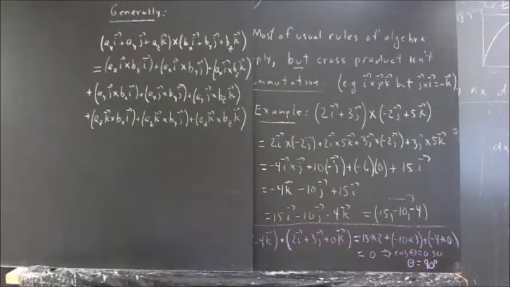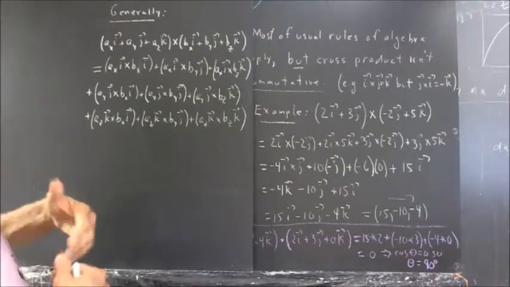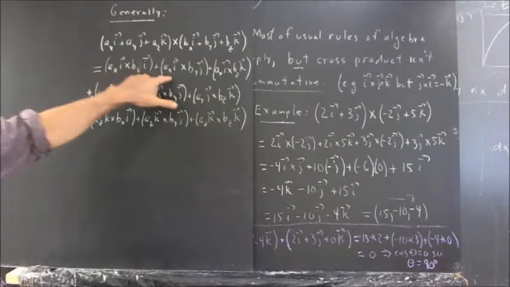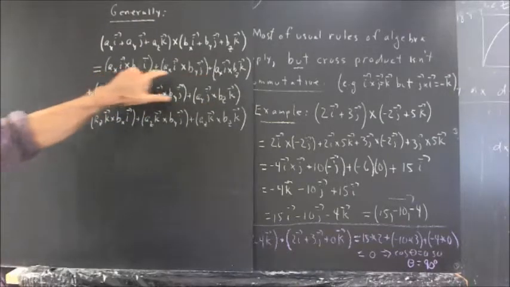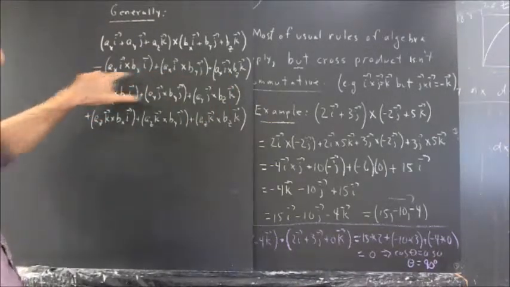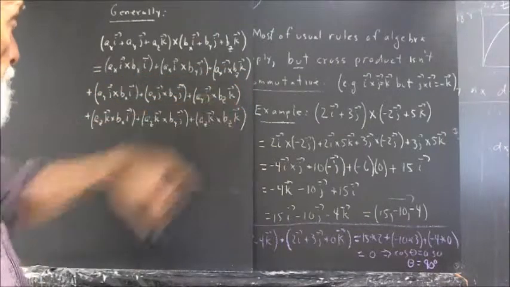Okay, I've written it out. Now, let's just check and make sure I haven't messed anything up here, because if I have, it's going to get kind of confusing for me and for you. The first factor in each of these cross products, on the first row should be axi, and we see that it is.